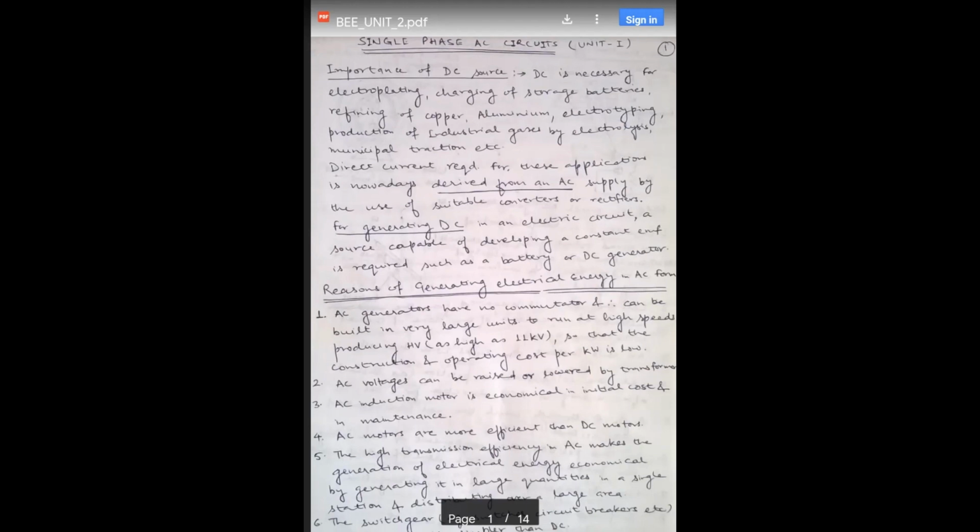Similarly, AC voltage sources can be converted into DC sources using different types of rectifiers.